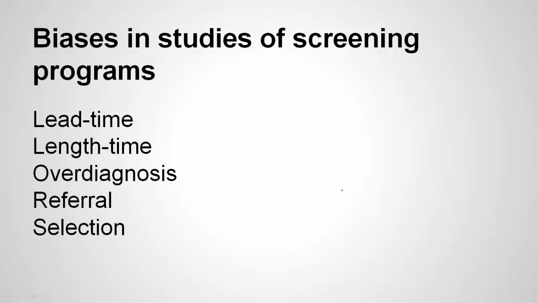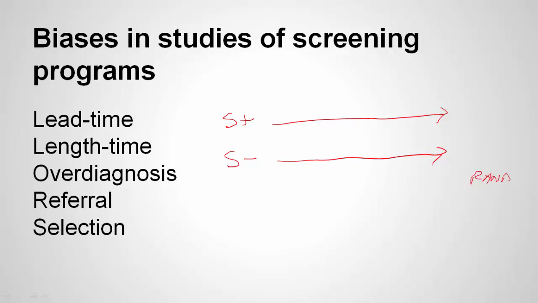Now, the problem is, not only are there the normal issues with bias in a randomized controlled trial, there are all these screening specific biases that we need to understand. So if we have a screened group and a not screened group, and we follow them over time, we have to pay attention to the validity criteria for a randomized controlled trial. We look at randomization, we look at blinding. Now, blinding is sometimes kind of hard to do in a screening trial.